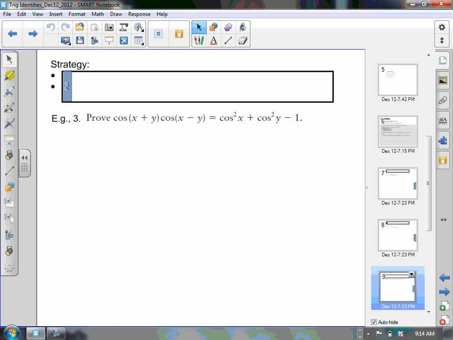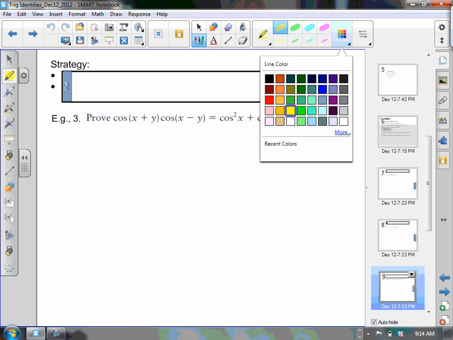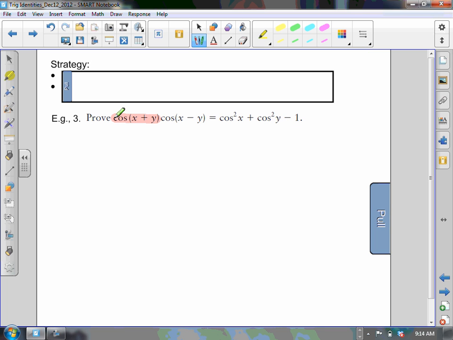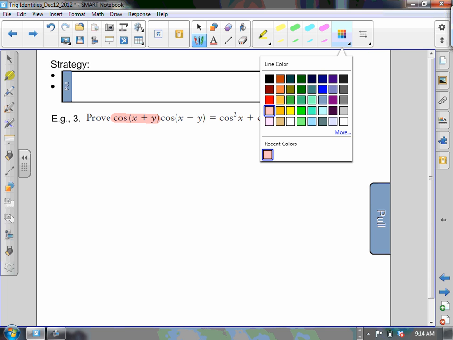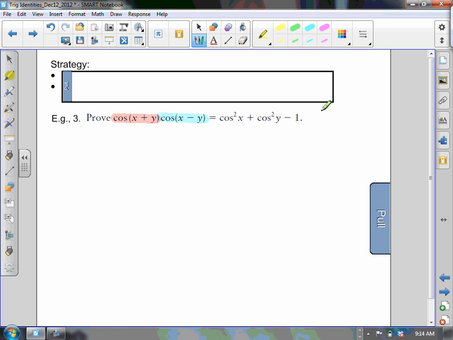Now, my mind, as yours might be at this point in time, is leaping to something that looks very characteristic to us. There are expressions here for which we have expansions, namely these two here. We do have expansions for the cosine of x plus y and the cosine of x minus y.